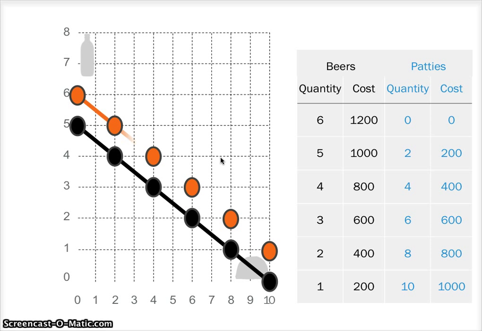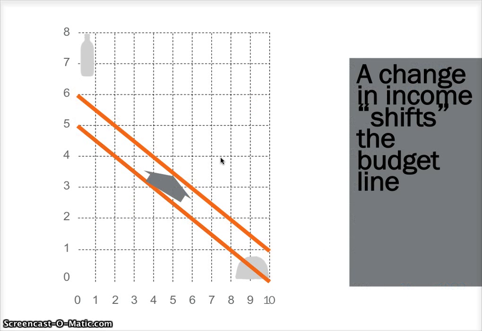So the consumer's budget line will shift outwards when their income increases. An increase in income shifts the budget line outwards.